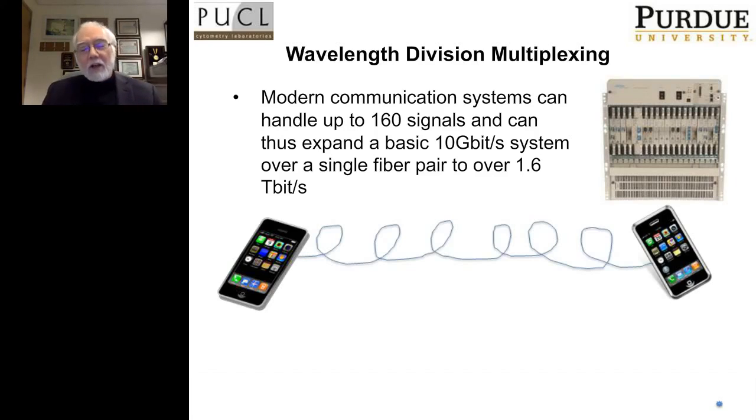The goal was, going from the days when a telephone had a single line to a switchboard and then a single line to someone else's phone, which is a very inefficient technology, to ask: can you put more signals over a telephone line? That's how wavelength division multiplexing developed.